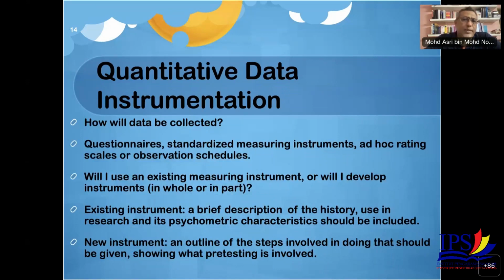Data collection instrument. Now, of course, again, in your chapter 3, you have to explain the data collection instrument that you will use to collect your data.